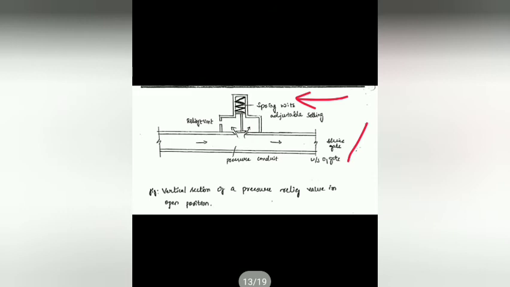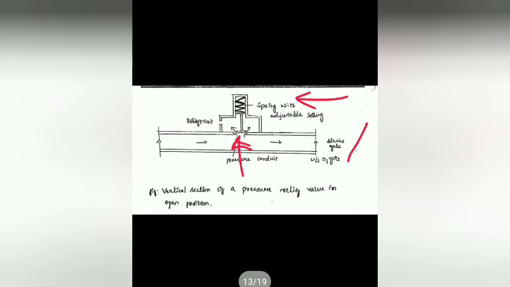Whenever the pressure in the water is normal, the valve will be in the closed position, according to the spring adjustment we have provided. When the pressure in the water increases, it pushes up the spring with adjustable setting.